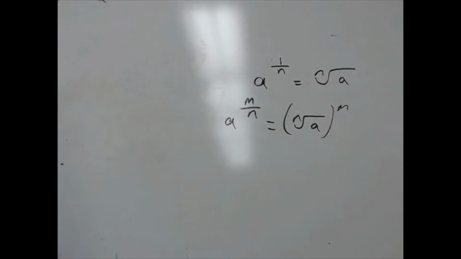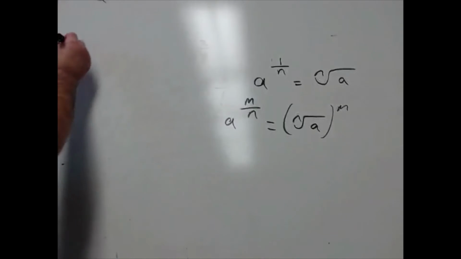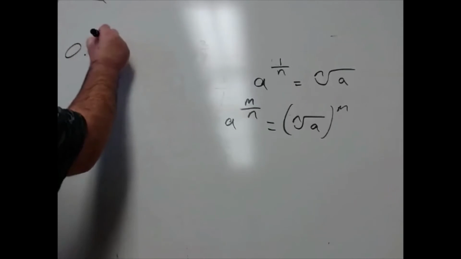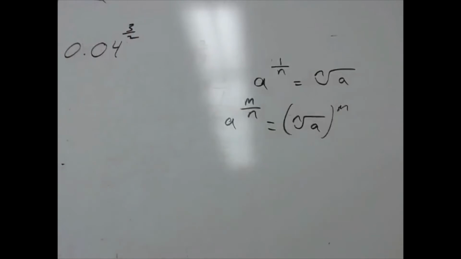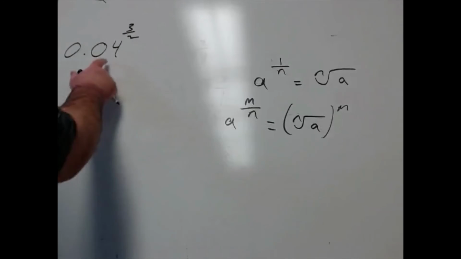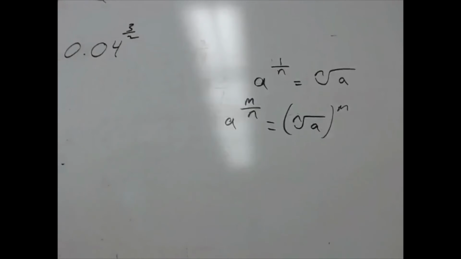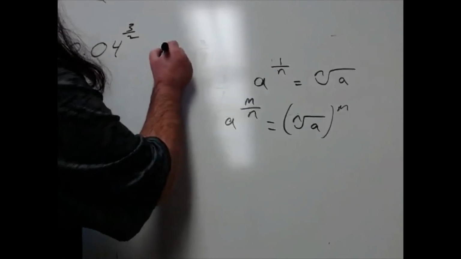So one of the examples that your textbook shows looks like this. And a lot of people prefer working with decimals, but they actually make things more complicated, especially in this case here. So what I'm going to do is take that decimal and write it as a fraction first. So how to write decimals as fractions?